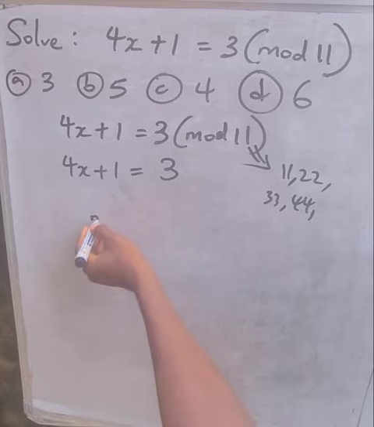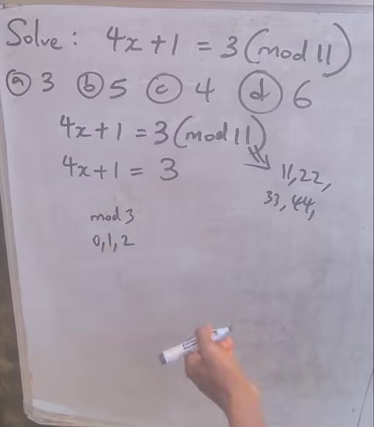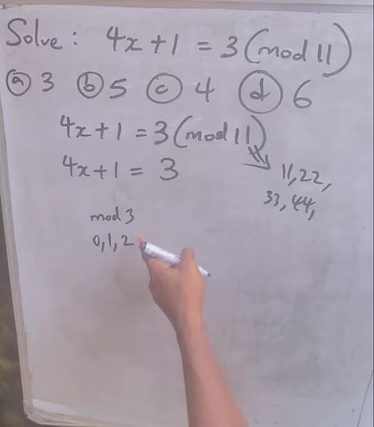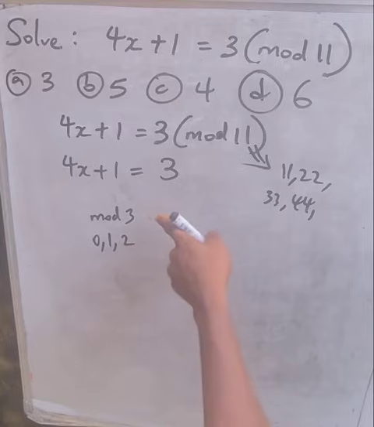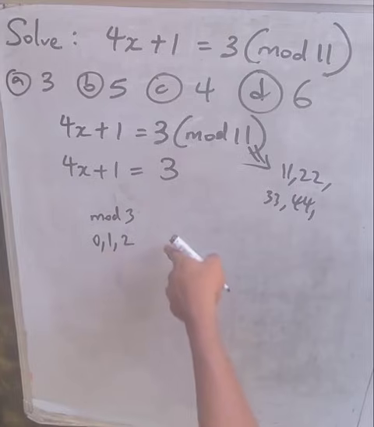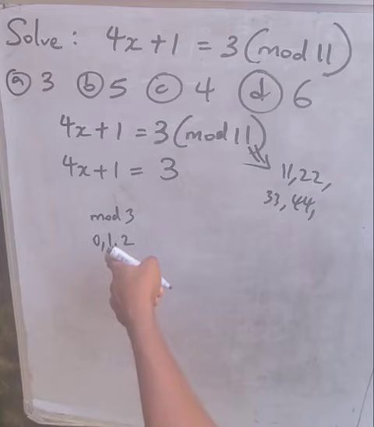Let me make it clear to you. If you're talking about mod 3, for example, mod 3 has the numbers 0, 1, and 2. So 3 in mod 3 is 0. 4 in mod 3 is 1. 5 in mod 3 is 2. 6 in mod 3 is 0.